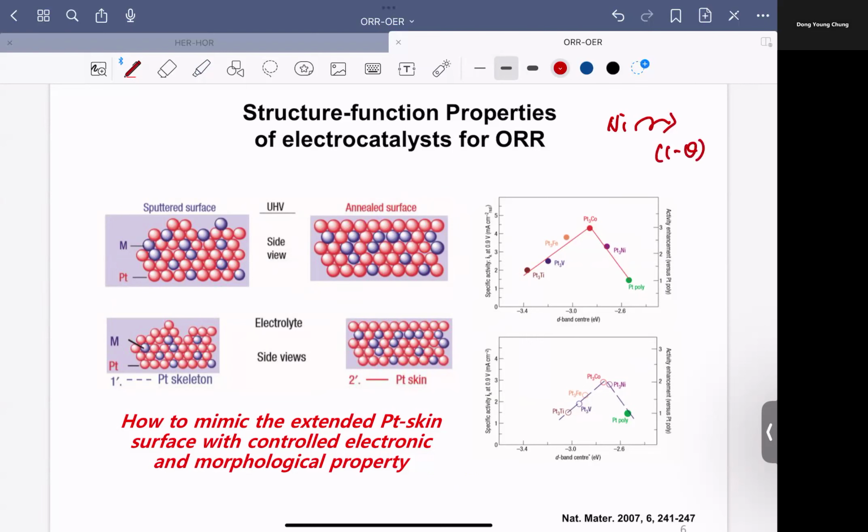What about other metals instead of nickel? People already discussed titanium, vanadium, iron, cobalt, nickel, something like that, right? And people figured out that there is an optimum metal to control the OH adsorption on the surface of the platinum, right? So this is the very well-known theory, which is called the d-band center model.